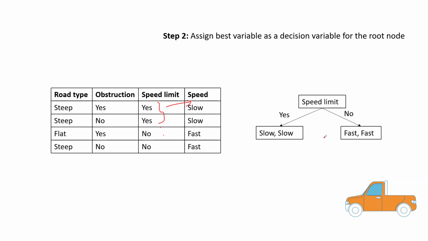So it is equally split and there is no need for a further split. So the best variable is speed limit, which is selected as the root node, and we have generated a decision tree.